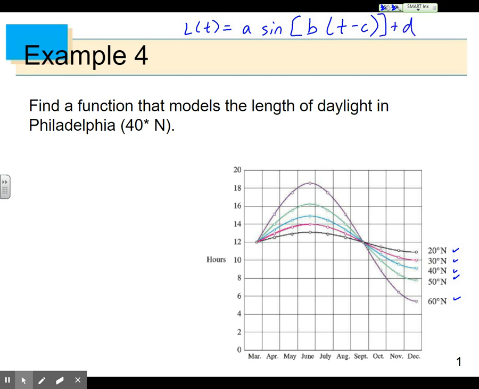I'm trying to use the same variables I did last year, where D is a vertical shift, C is a horizontal shift, B is my period change, and A is my amplitude change. And what I want to do is find the function that models the daylight in Philadelphia. Philadelphia landed where this blue line is, at 40 degrees north.